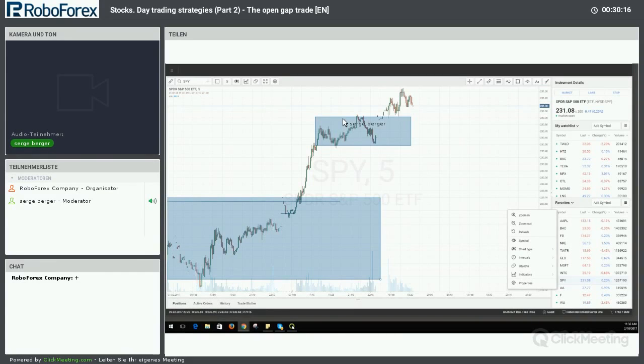I remember one time, this was in 2011, I made 15% in a portfolio over the course of, I think it was about a month, maybe a little bit less. And the only reason why is because of the open gap.